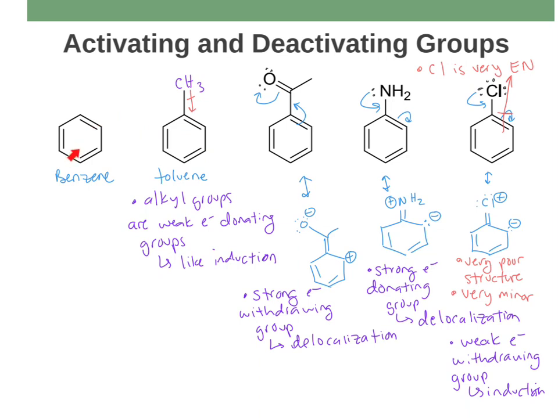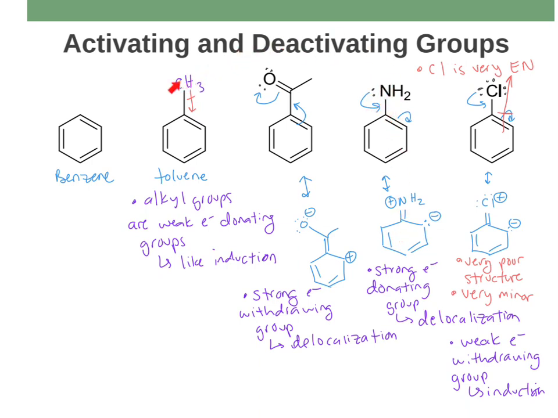So toluene will react faster than benzene because it's more electron rich. But aniline will react even faster than toluene because it has a strong electron donating group on it. That's because the nitrogen is donating in electrons through delocalization, right? I have actual arrows going into the ring here to show how much more electron rich this ring gets. So both of these would be faster than plain benzene.